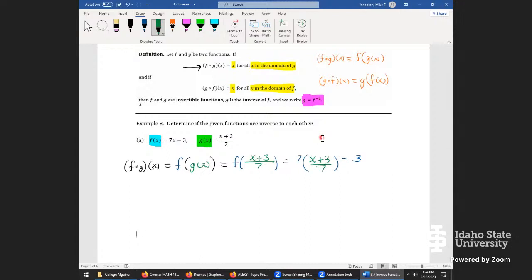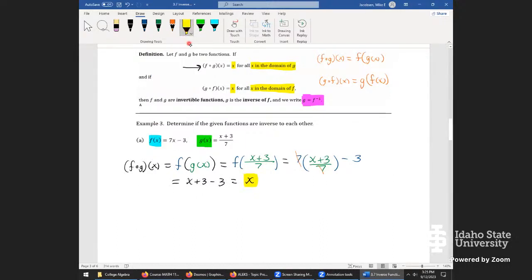So at this stage, remember our goal is to get just x back. If they really are inverses, things should cancel some way somehow to return an x. But if it's impossible, if there's no way we're getting x back, then we just say they are not inverses to each other. But it looks like we do have cancellations. This 7 can cancel into that 7 down below. Upon doing that, all that's left is the x plus 3 in the numerator minus 3. We do get x back.